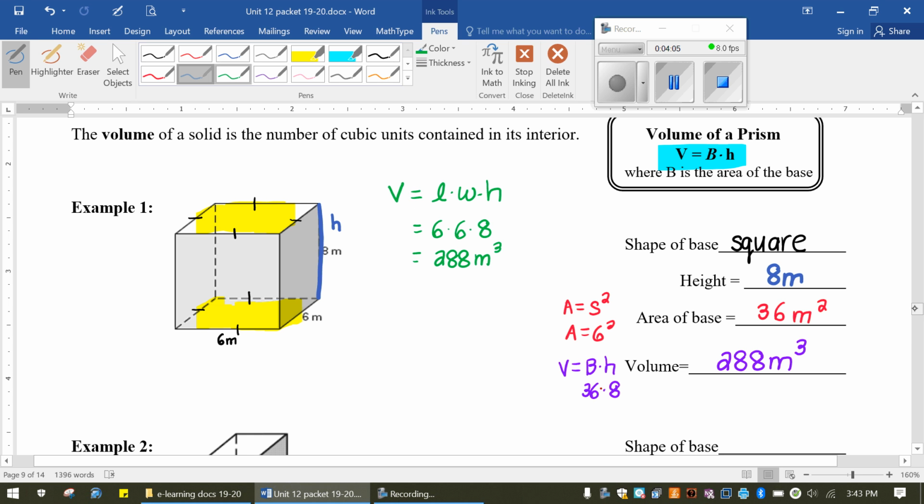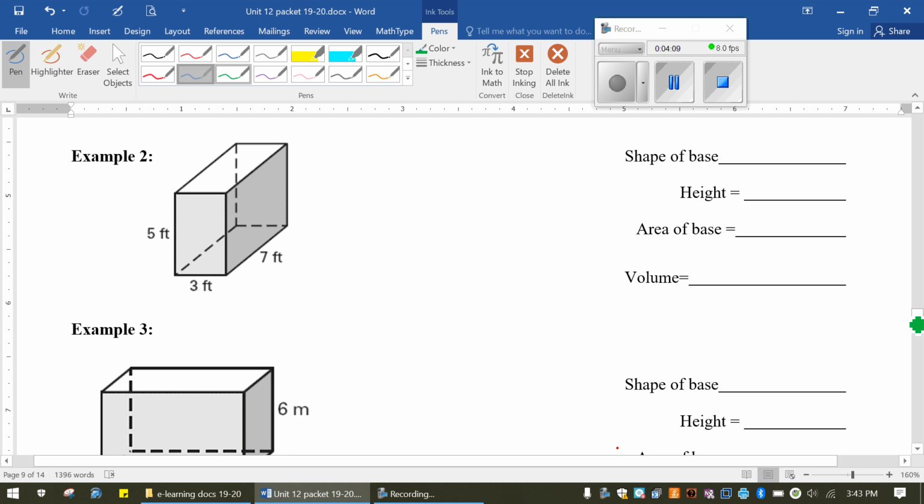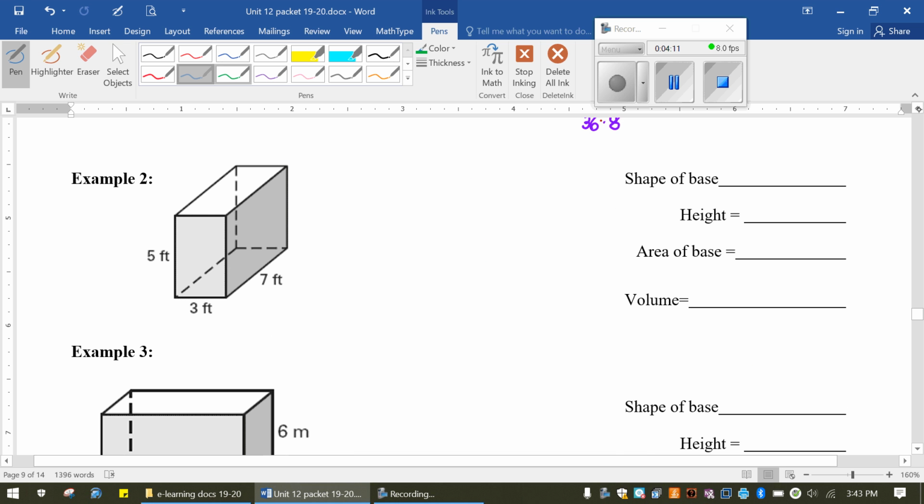Okay. All right, moving on to number 2. For number 2, we're going to select the base. I'm just going to pick the bottom right here. It's a rectangle, and I've got another rectangle here on the top. Those are my parallel bases. So the shape of my base is a rectangle.